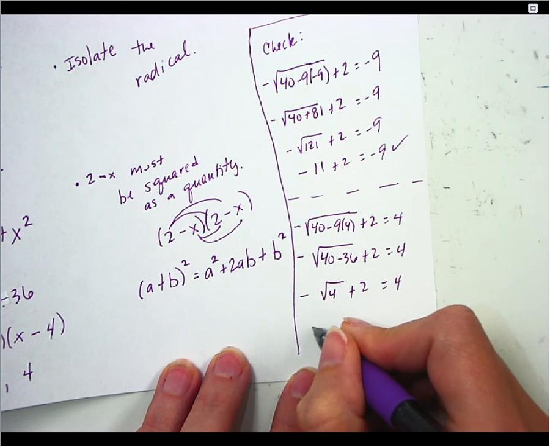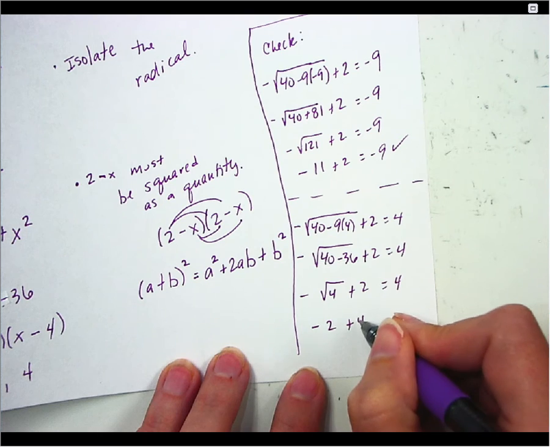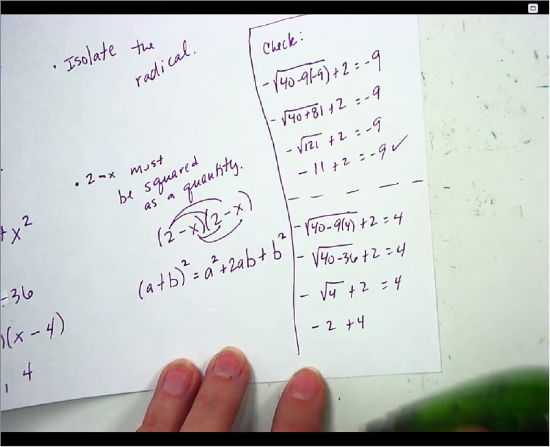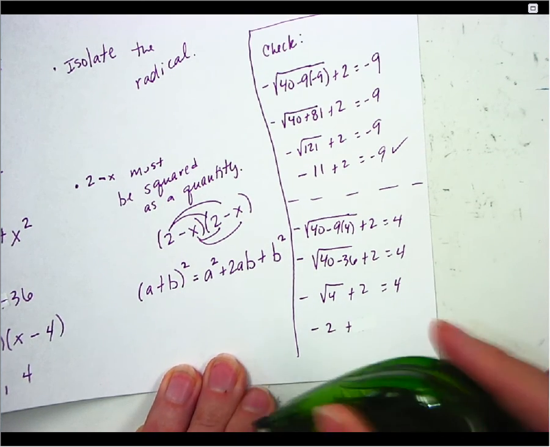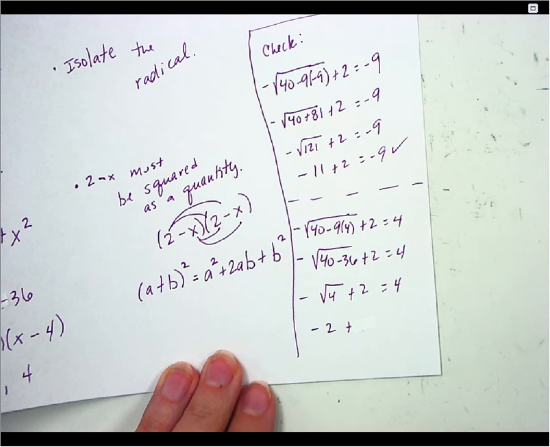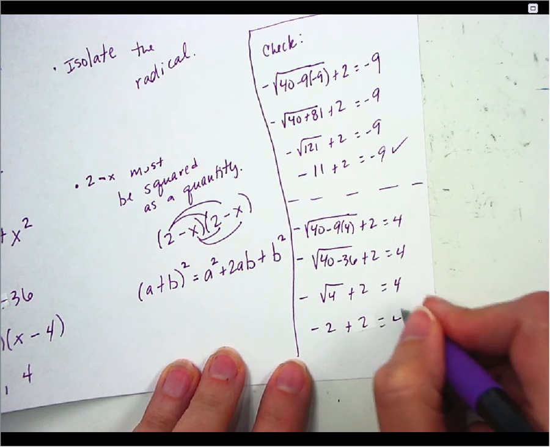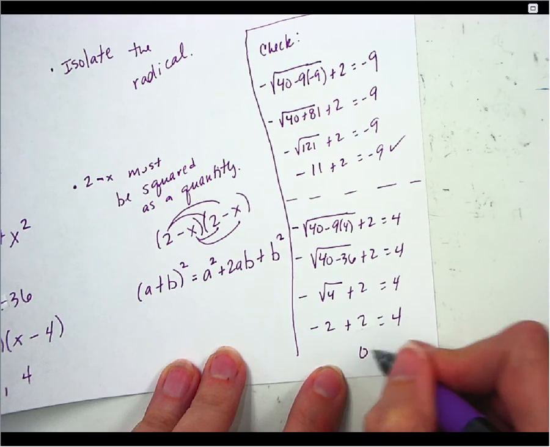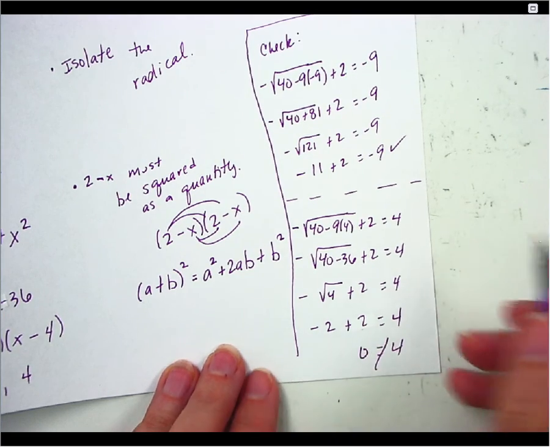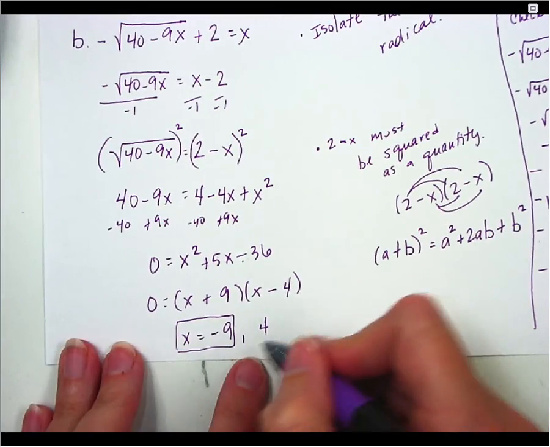So I get negative 2 plus 2 equals 4, which is not true. 0 does not equal 4. So 4 was an extraneous solution. So what you would do is just go back and mark it out.